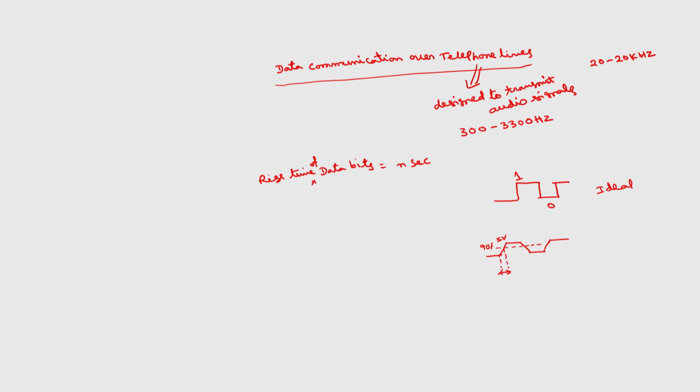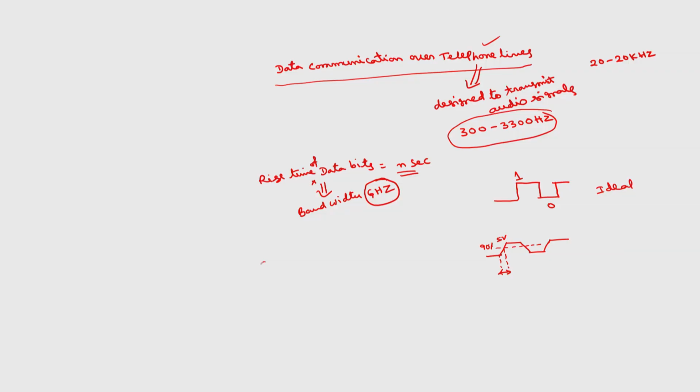This decides the bandwidth of the digital data transmission system. It will be of the order of nanoseconds, so the bandwidth will be in the range of gigahertz. Then the question is how to transmit these large bandwidth signals over the small bandwidth telephone lines.